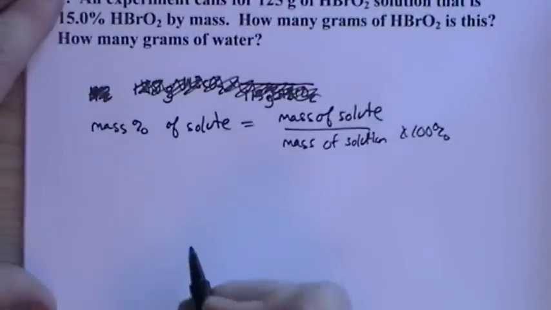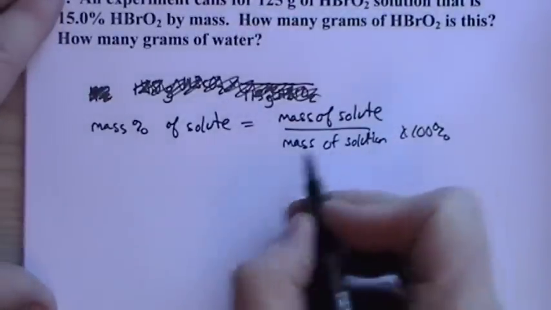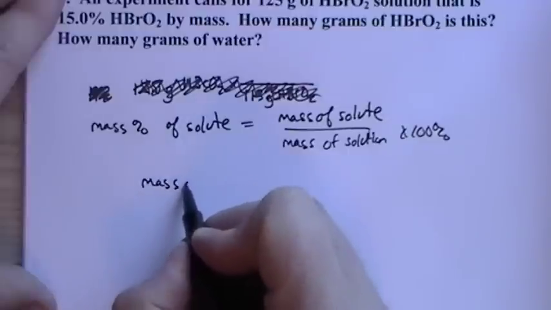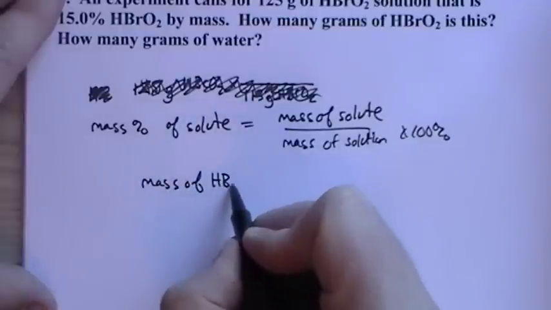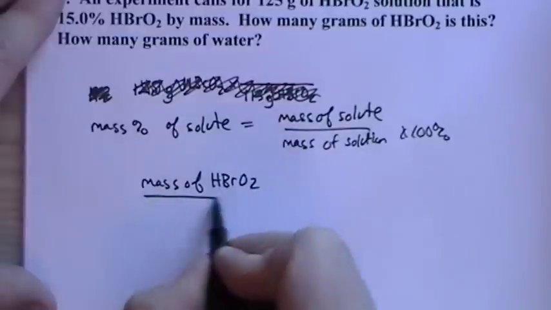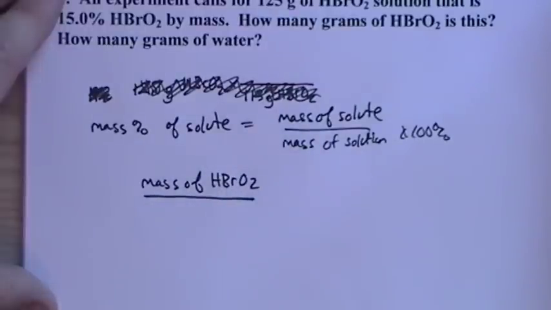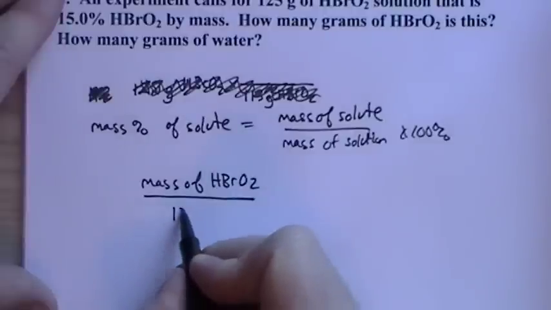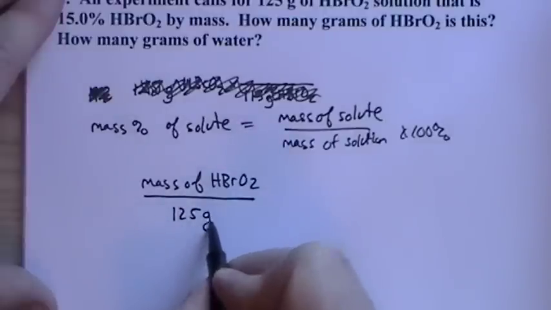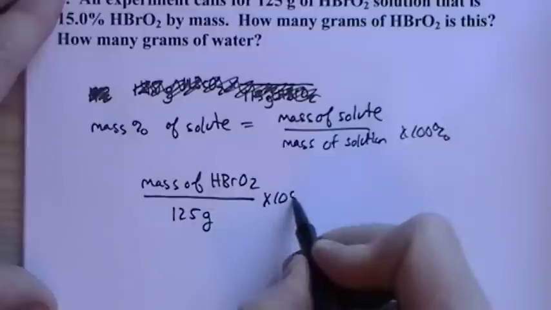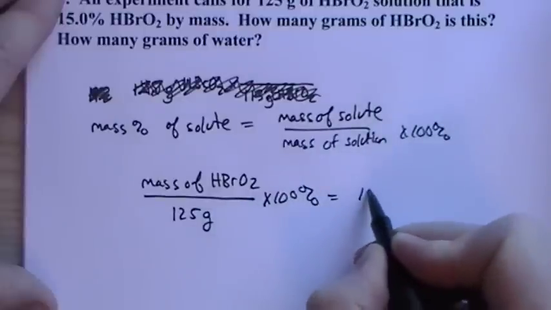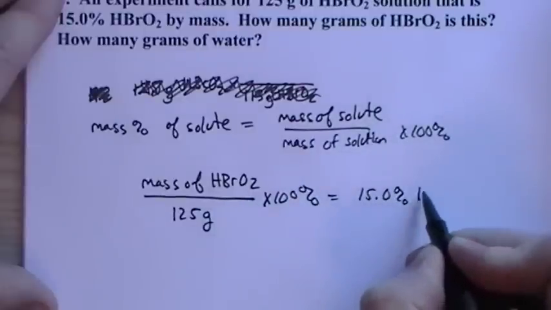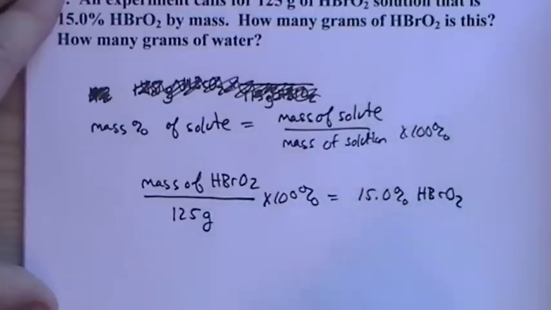Well, they told us the mass of the solution, so let's put that in. The mass of the bromous acid divided by the mass of the solution, which they told us is 125 grams, times 100% should be equal to 15% of the bromous acid.